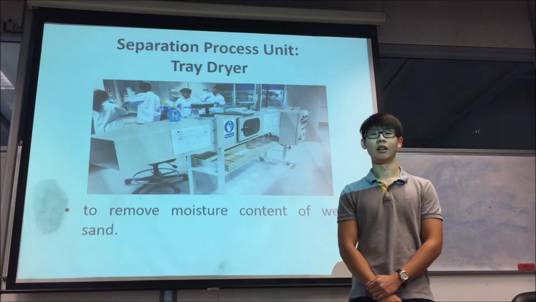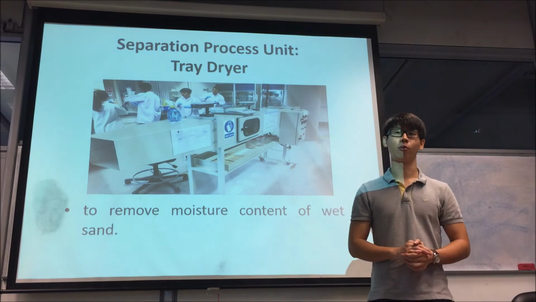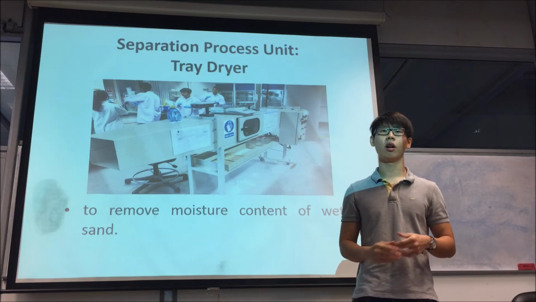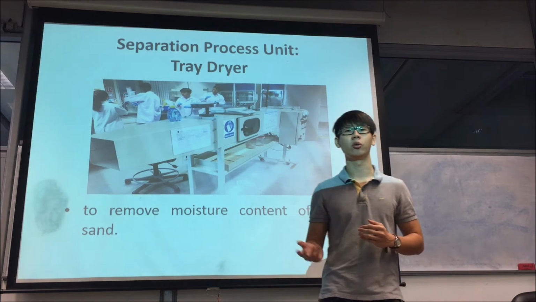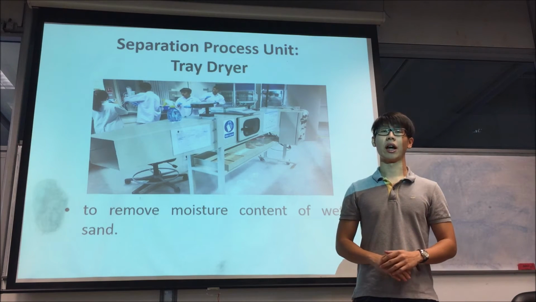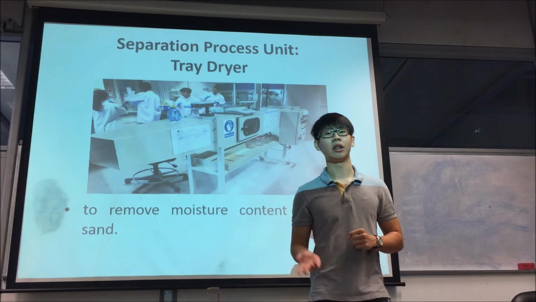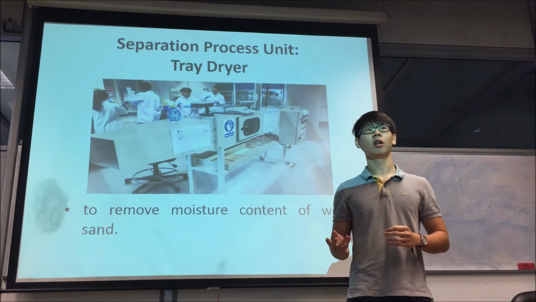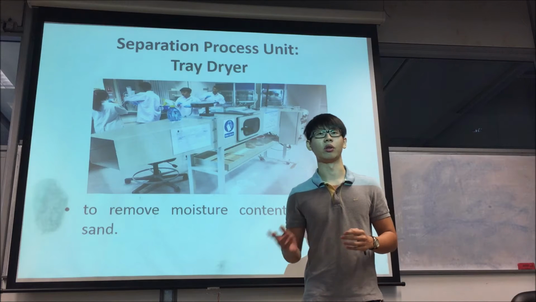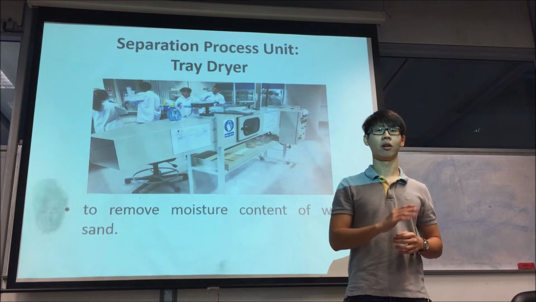Hello everyone, I'm Deck Yik from Group C6, and I will continue explaining the separation process unit in our experiment, which is the tray dryer. The tray dryer is important in the production of potato chips explained just now.